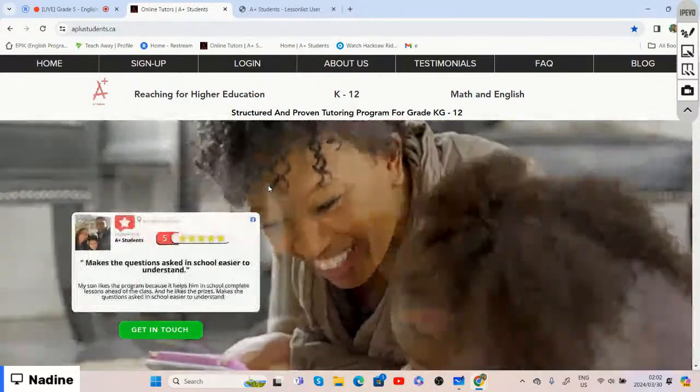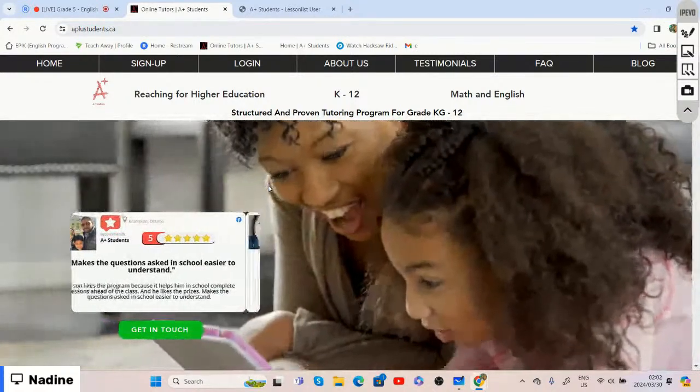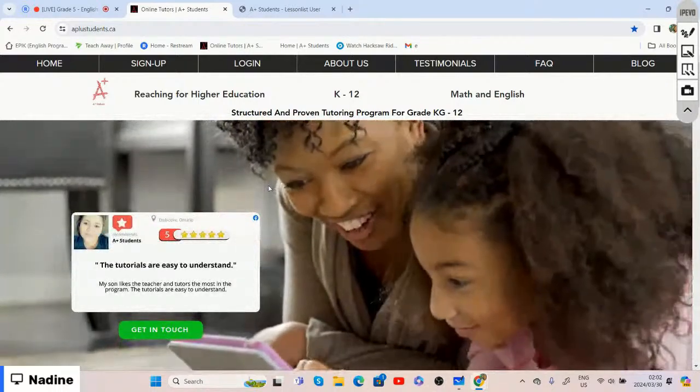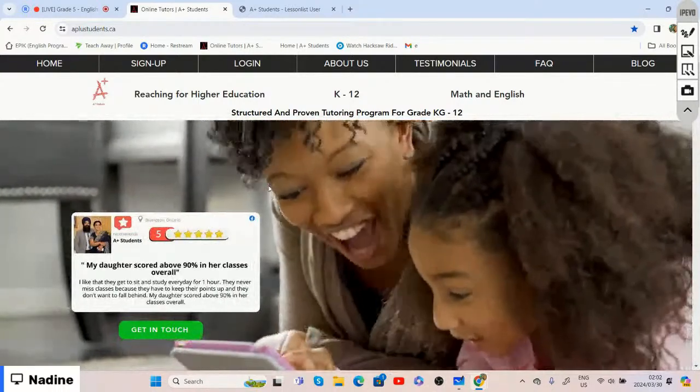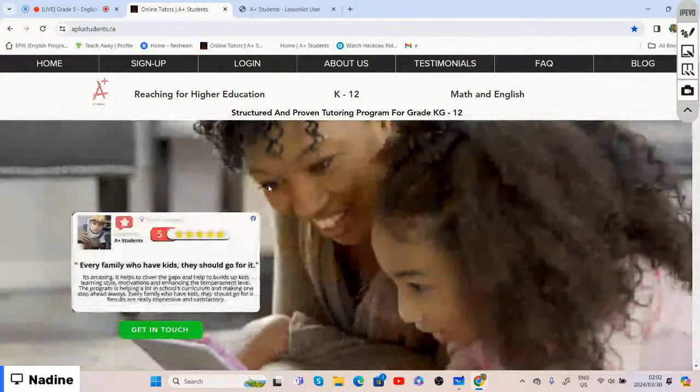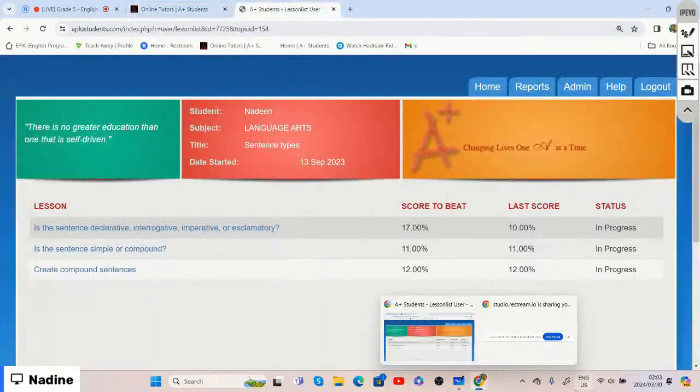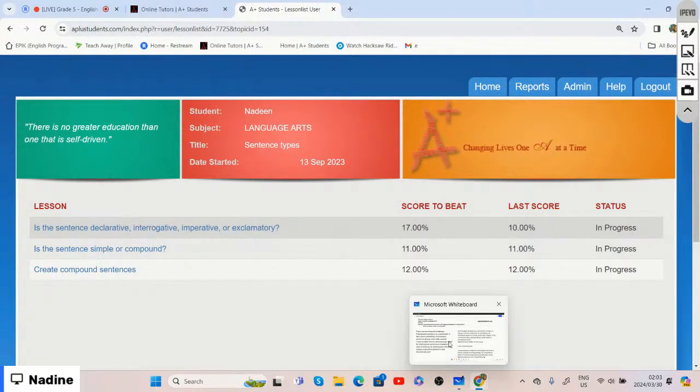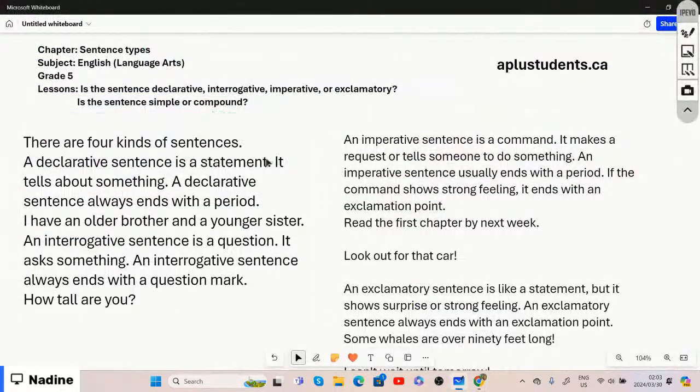Then we scroll down until we get to the chapter of sentence types. Our subject is English Language Arts, grade 5.